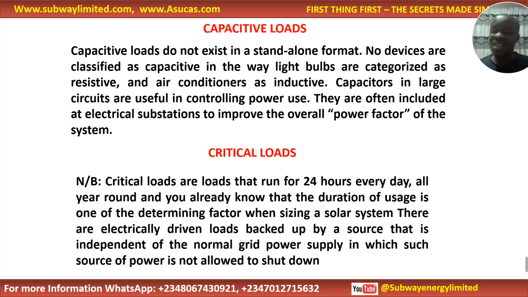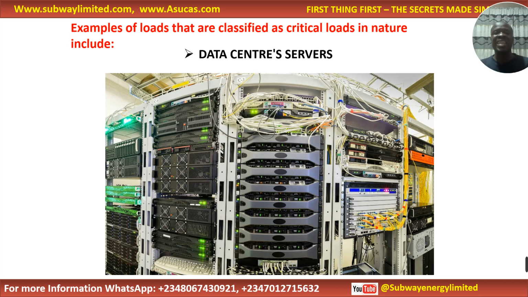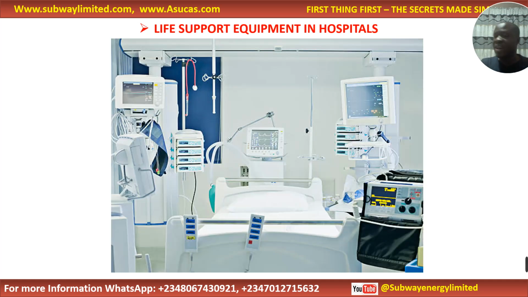Your CCTV is not supposed to shut down, and there are other critical loads as we are going to see. Data centers, your servers in companies, if you are having a server in your company, those equipments are not supposed to shut down. Examples of loads classified as critical in nature include data centers, servers, and life support equipment in hospitals.